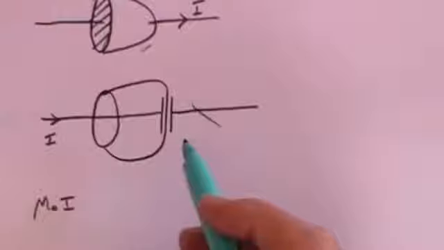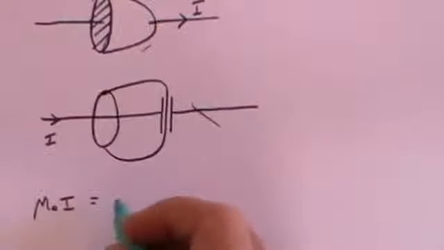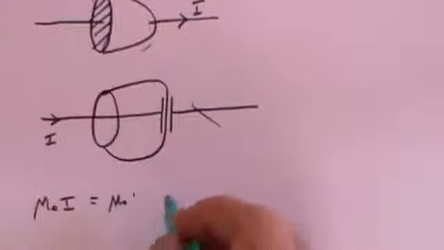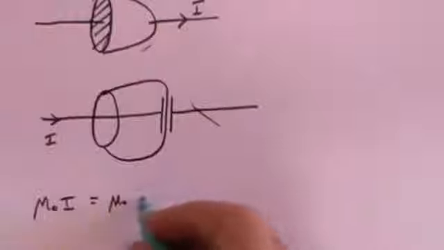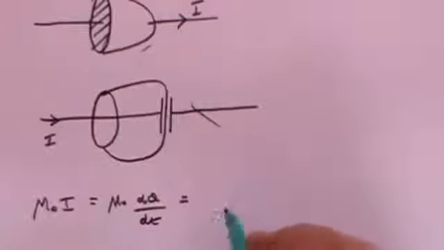And what can we say about mu0 I? Well, current is simply the rate of flow of charge. That's its definition. So I is equal to dq by dt, the rate of flow of charge. Now you can always multiply a formula by the same values as long as you do it top and bottom, because essentially that just means you're multiplying by 1.